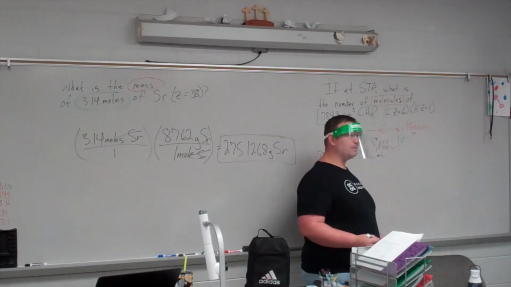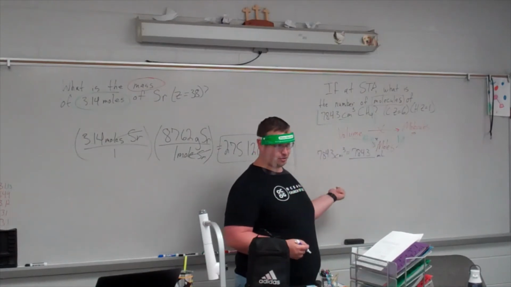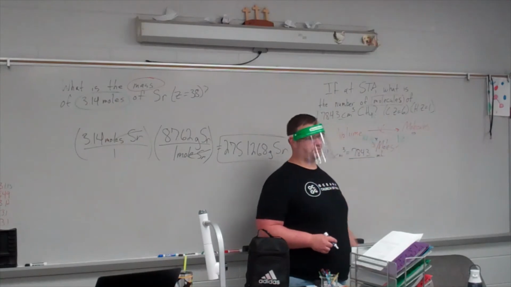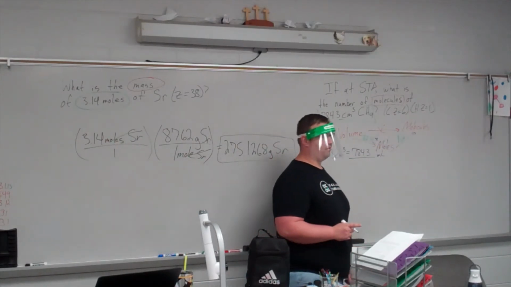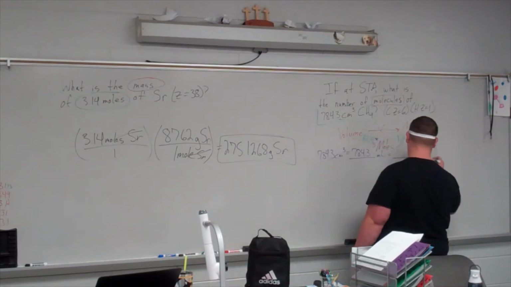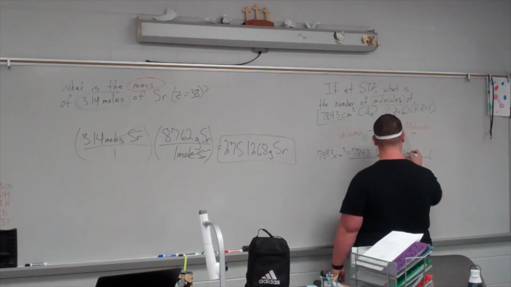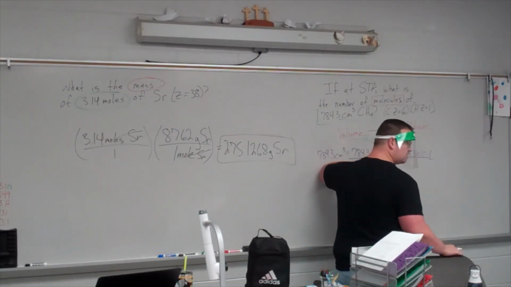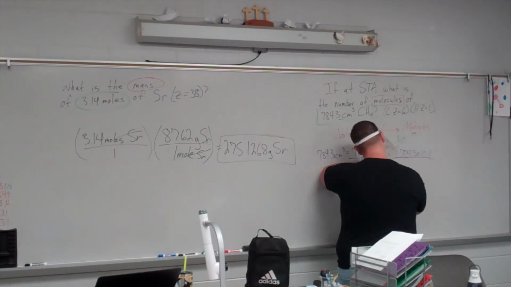Remember, this is why Mr. Hall likes this trick. It's a trick in a trick. You catch the first trick, but can you catch the second trick? Very important. So we're looking at liters, 784.3 times 10 to something. I'm starting at milli. What's the exponential? -3.